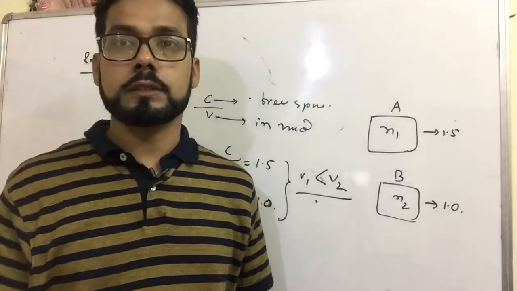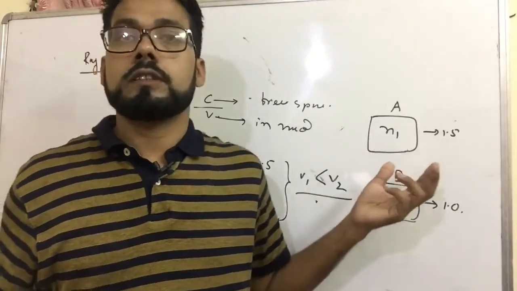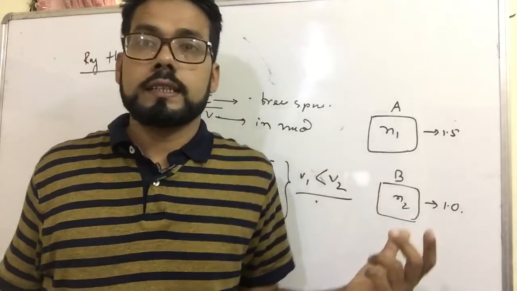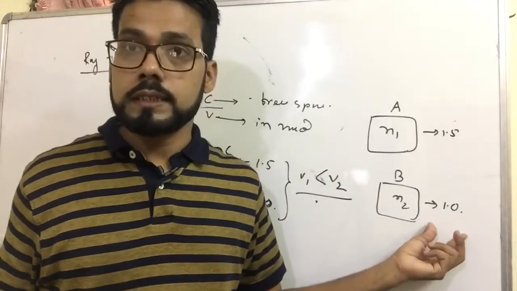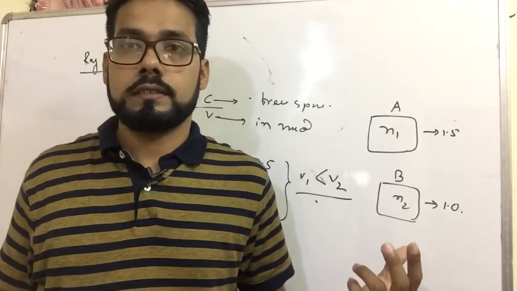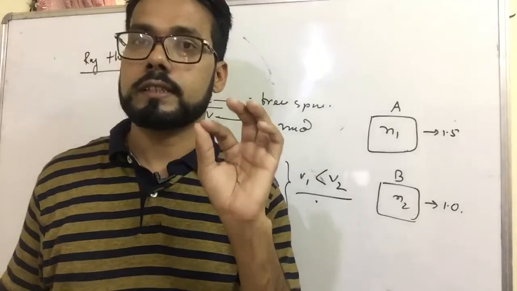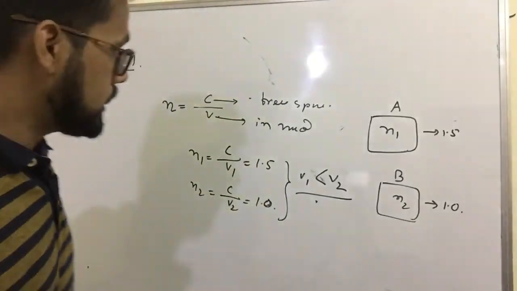Higher refractive index means lower velocity, and lower refractive index means higher velocity of electromagnetic radiation in that medium. Clear? This is known as the refractive index.